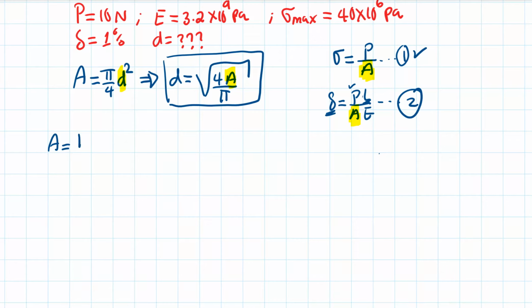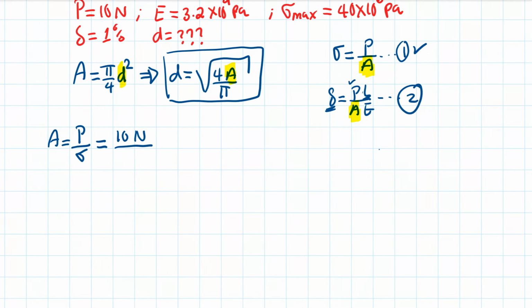It will be load over stress, where the given load is 10 Newton divided by the maximum allowable stress, so area in here will be 250 times 10 to the power minus 9 meter squared.